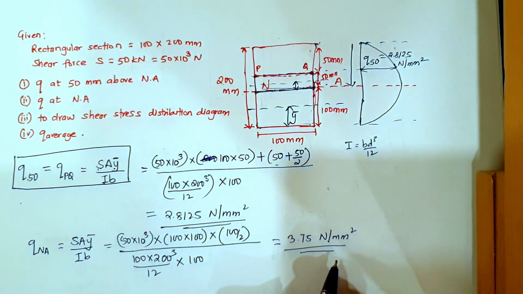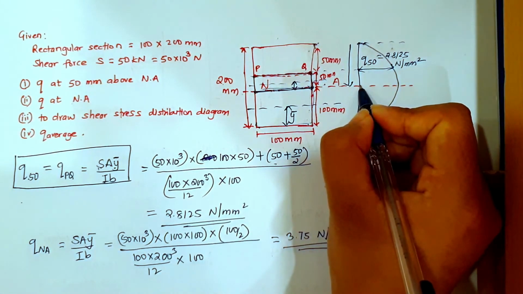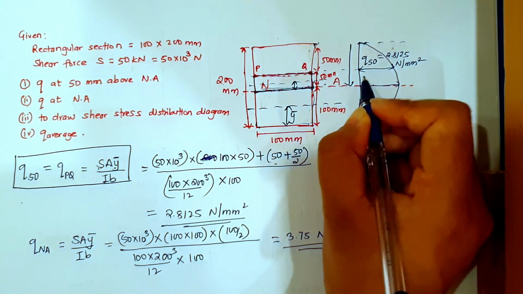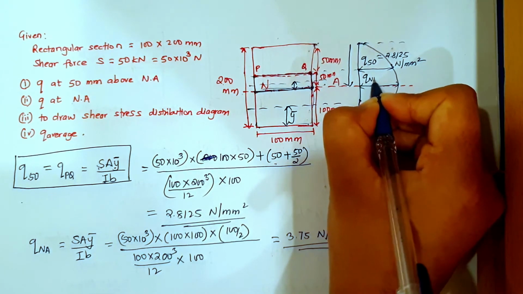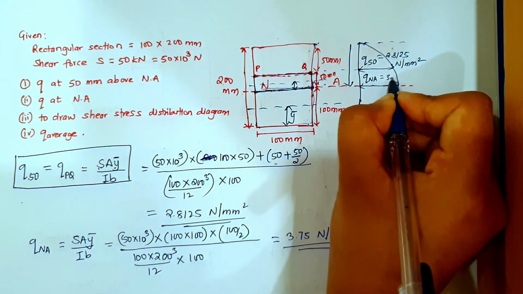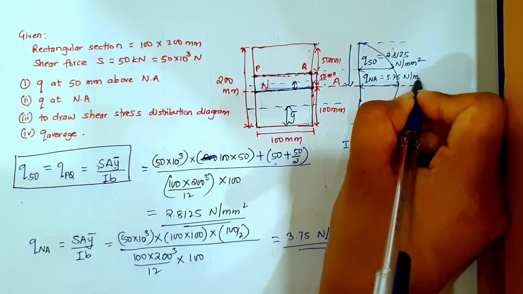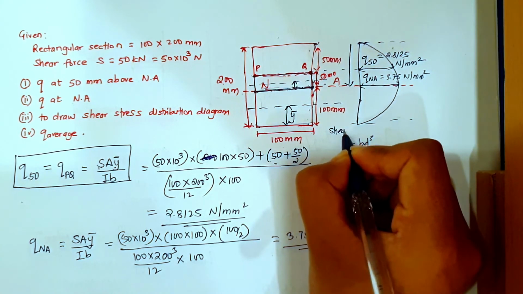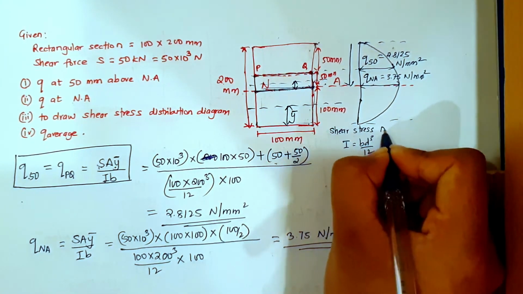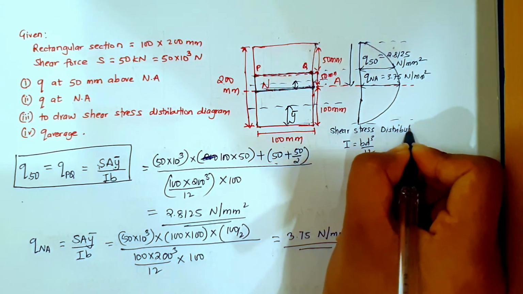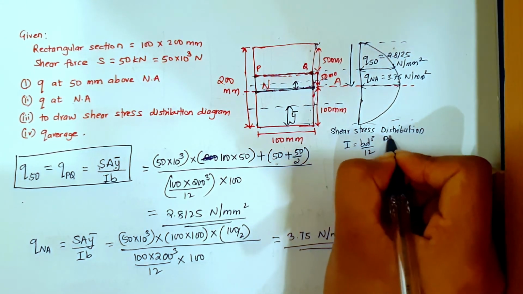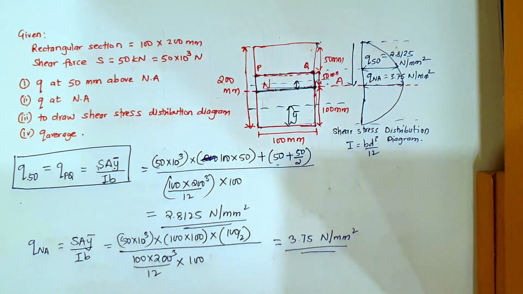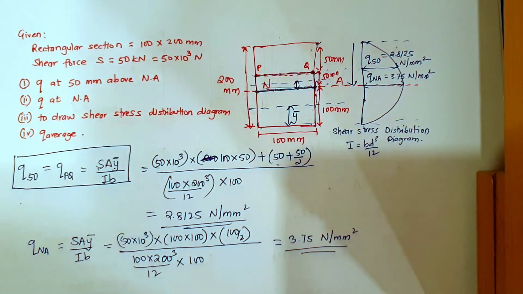We got this much, and at this point, where you will have a maximum shear stress, so this is the shear stress at neutral axis. We got equal to 3.75 Newton per mm square, and this is the shear stress distribution diagram. Okay, so I hope this numerical is clear.